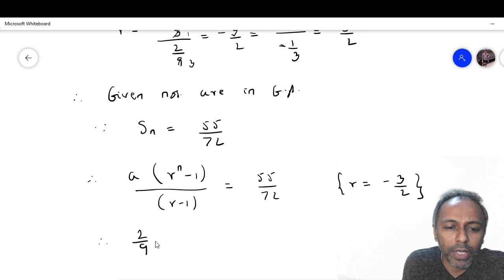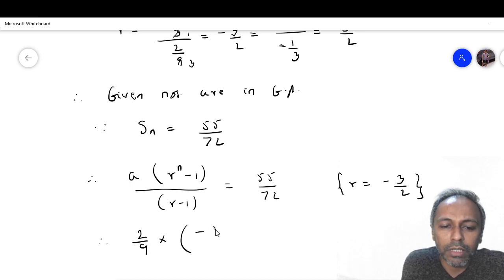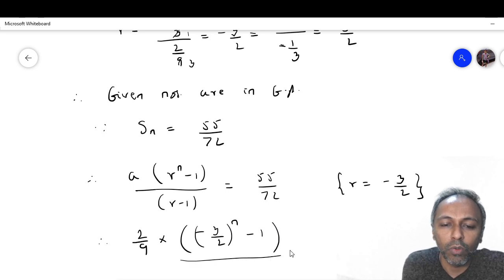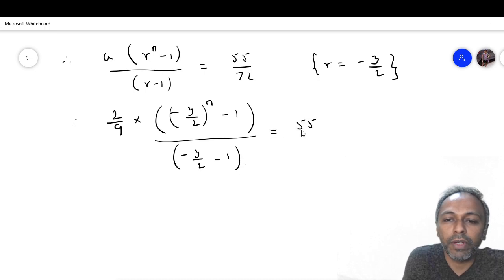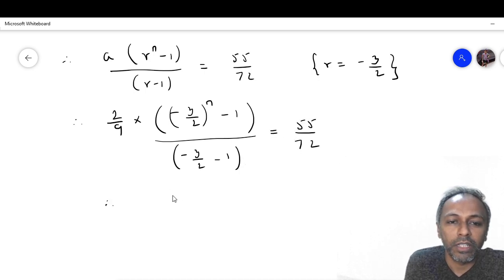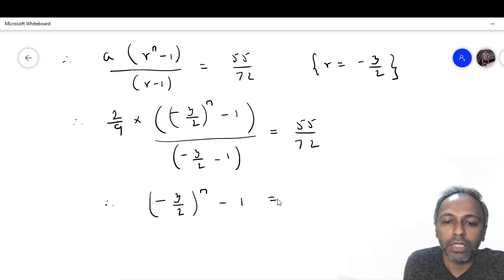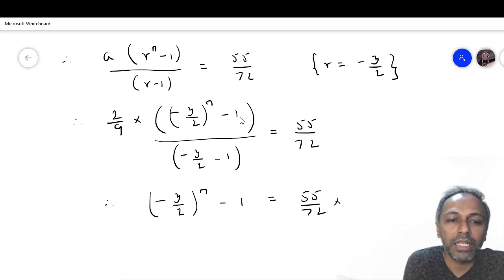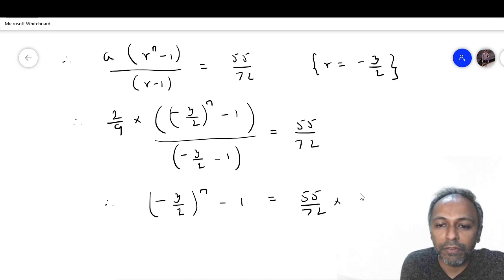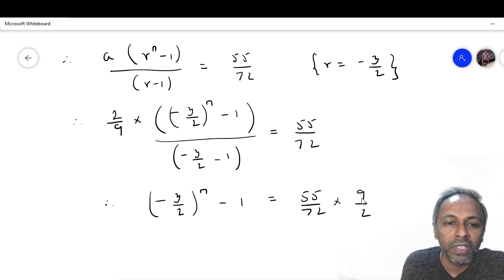The a value is 2/9, into r, which is minus 3 upon 2, raised to n minus 1, the whole upon minus 3 upon 2 minus 1, is equal to 55 upon 72. Therefore, minus 3 upon 2 raised to n minus 1 is equal to 55 upon 72 into this, 9 will multiply with 55, so it will become 9 by 2 here.